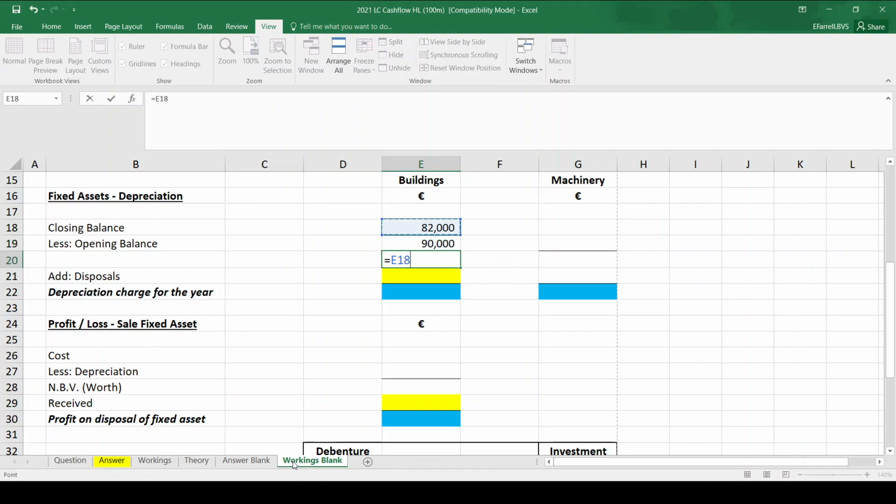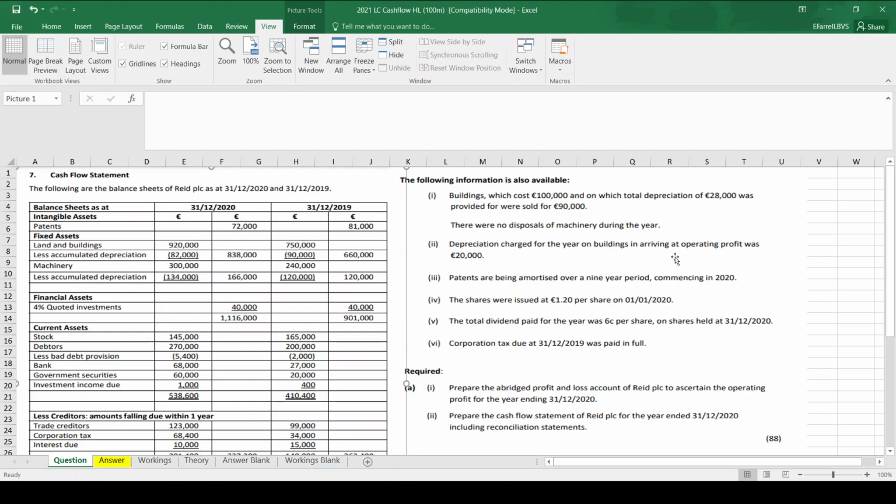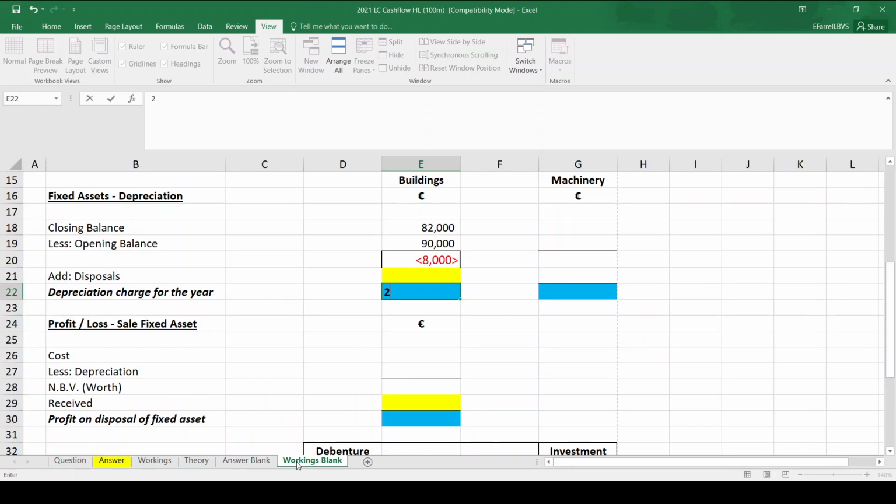So 82 minus 90 is minus 8,000, which is unusual. But you can see that I'm given my depreciation charge for the year for buildings, which is 20,000. So if I put in 20,000 for the depreciation charge for the year, that must mean that the disposals were 28, because minus 8 plus 28 gives me the minus 20. So that's kind of my plug figure at the end for the disposals figure, and I need that figure in a minute, so it's important.